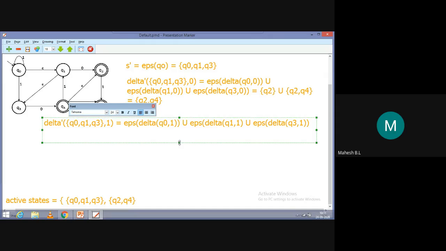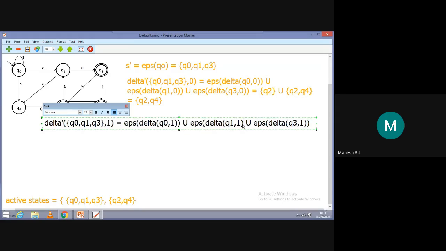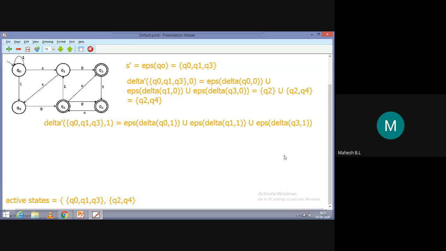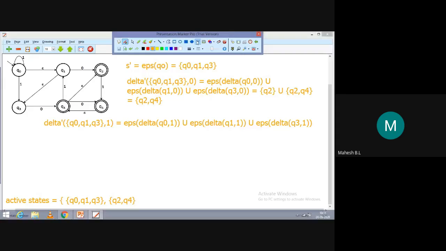Okay, I'm writing this much. Now you need to compute. So epsilon of delta of q naught comma 1, q1 comma 1, then you have q3 comma 1. Okay, so let's do the computation.